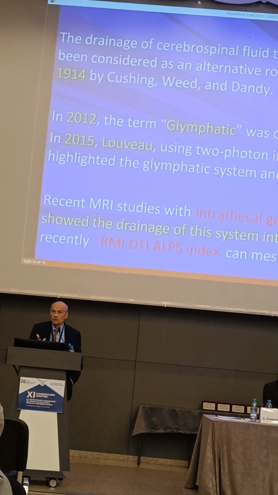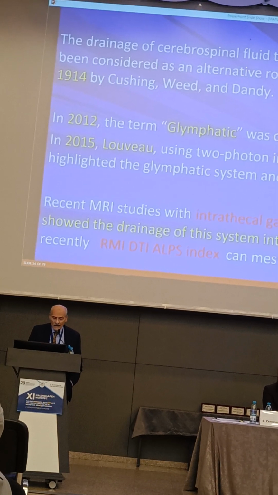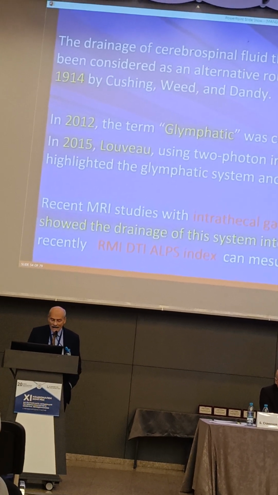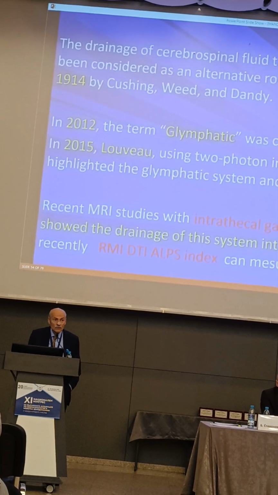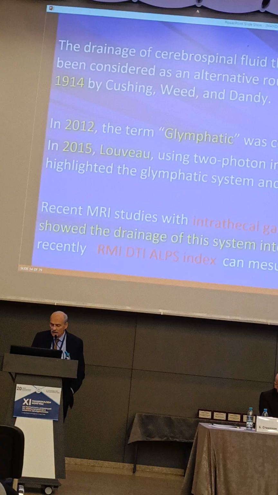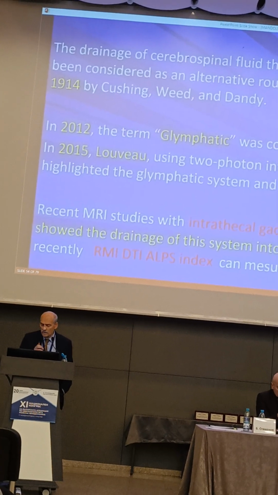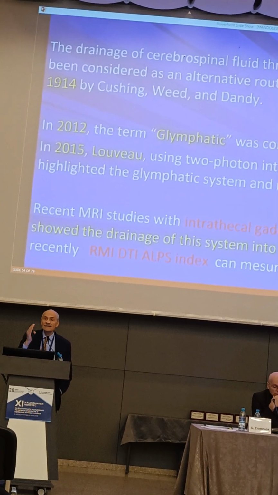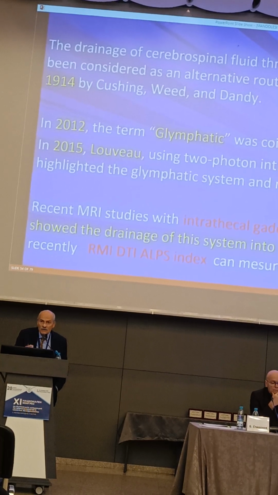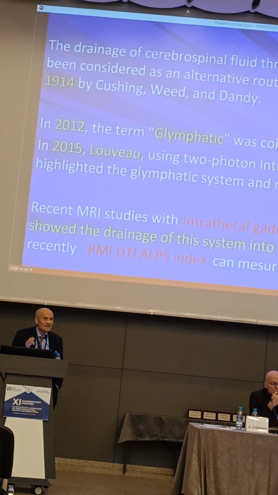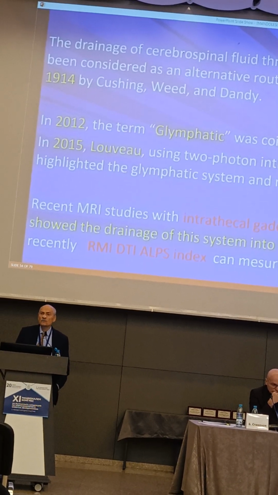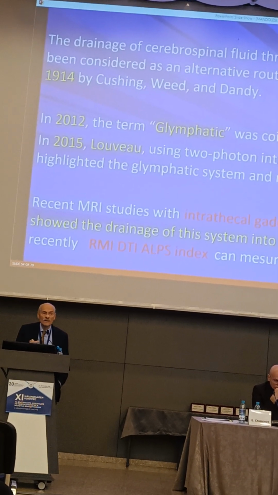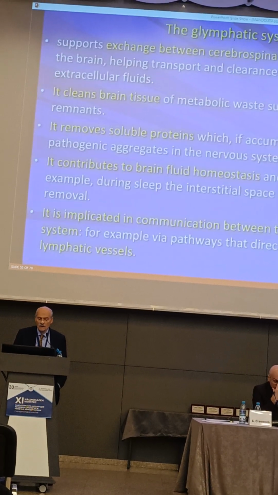They show us this. Recently, MRI DTI was developed with this particular ALPS index that can measure what? The lymphatic drainage. We can measure the lymphatic drainage. This is the system to measure what happens when we treat these patients.